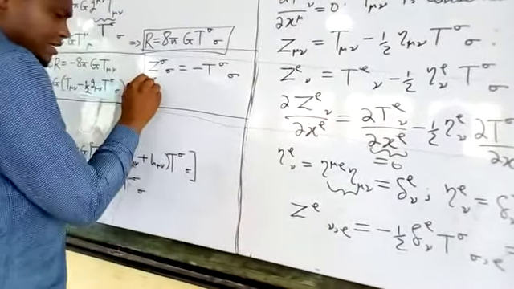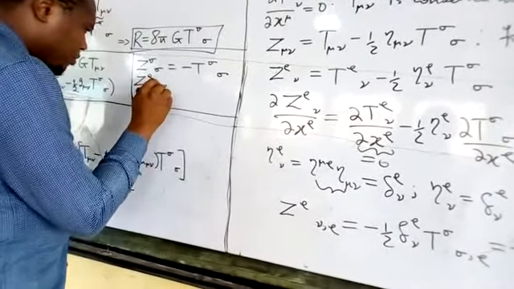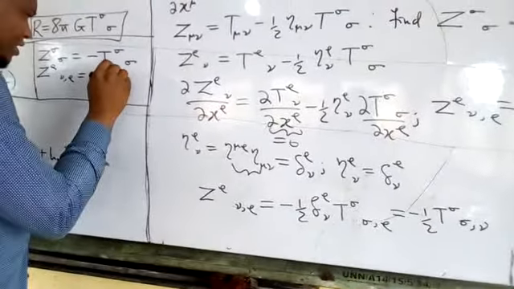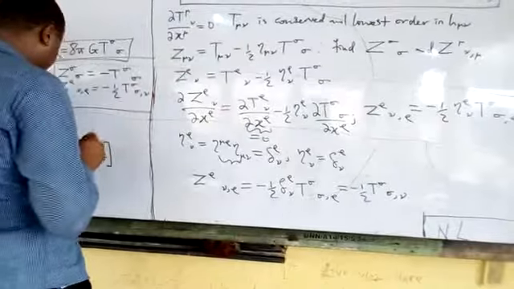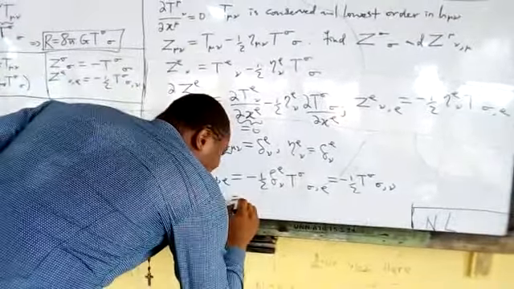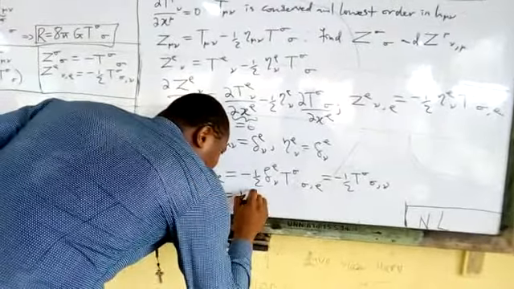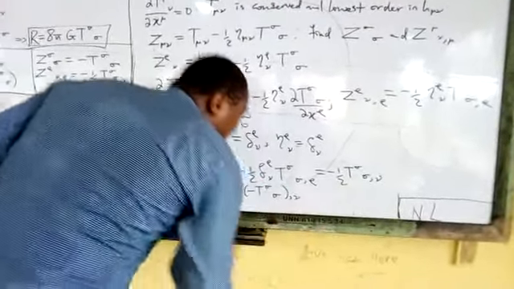Z rho nu, comma rho is the same thing as minus some half of T sigma sigma, comma nu. We can be a little bit more elegant by saying that this is the same thing as 1 all over 2 minus T sigma sigma, the whole of that, comma nu.